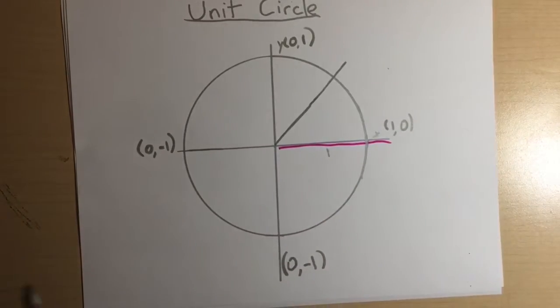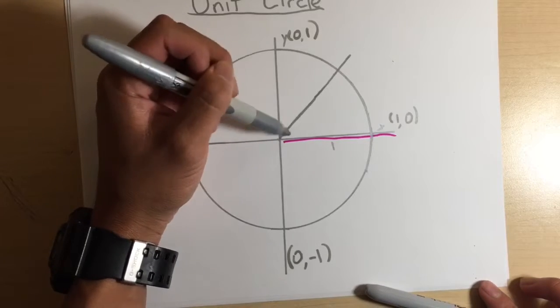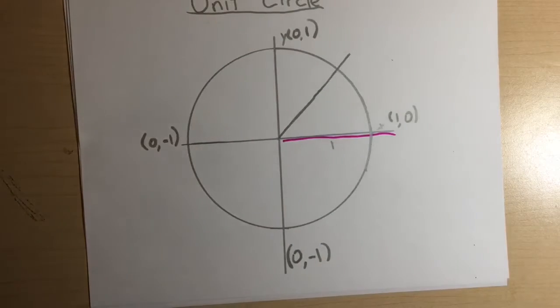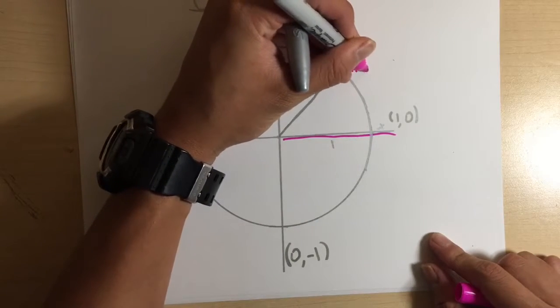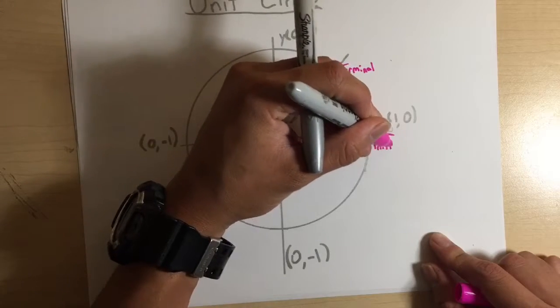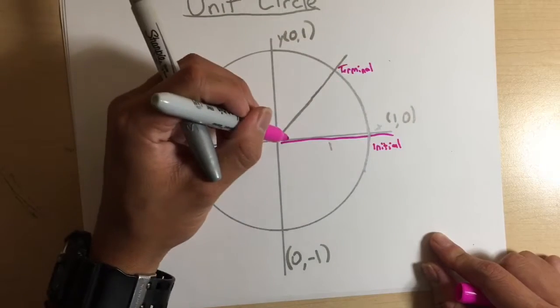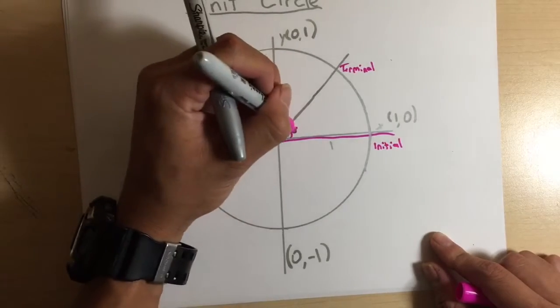That would be the initial side, and the ending side of the second line would be the terminal side. So let me write terminal. And of course the angle, or whatever the angle would be right here, would be theta.